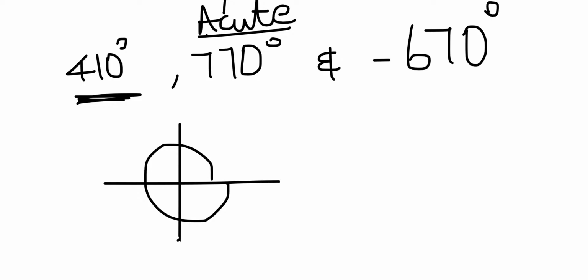But the moment we are given an angle which is bigger than 360 degrees, then it means it will continue to make that circle from 0 all the way up to 360 degrees.